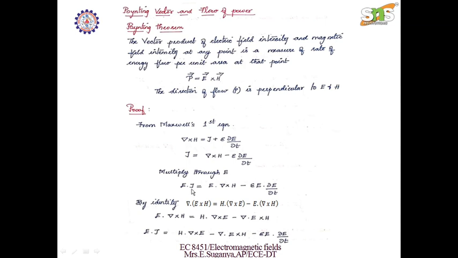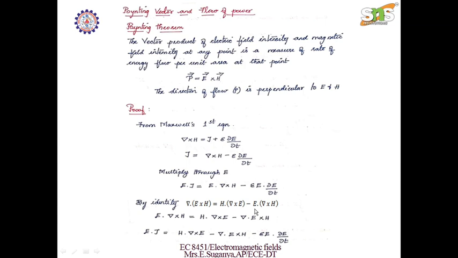So when E is multiplied on both sides, the equation becomes E dot J is equal to E dot del cross H minus epsilon E dou E by dou T. By the identity, divergence of E cross H is equal to H dot curl of E minus E dot curl of H. So this is the identity.